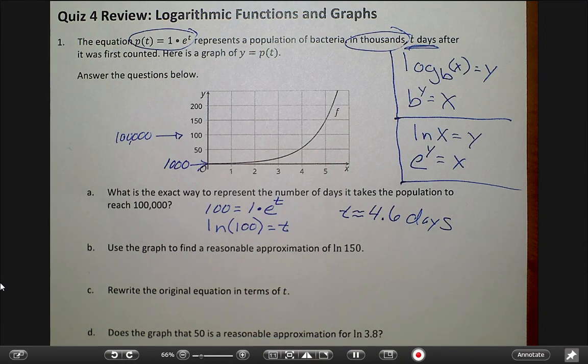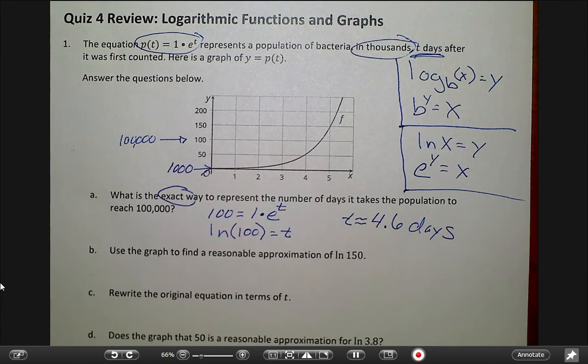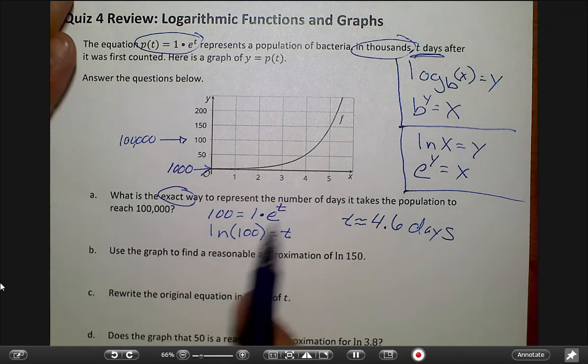Can't you just basically approximate the number from the graph? You can, but what does this say? Exact. So would vars be a good option? No, vars wouldn't work in this situation, because if you notice, it's in the wrong format.